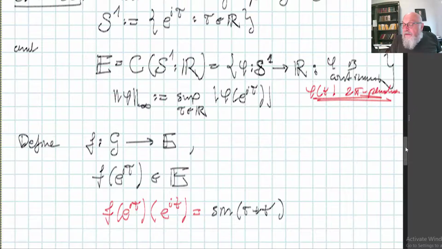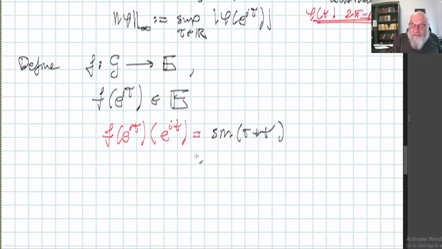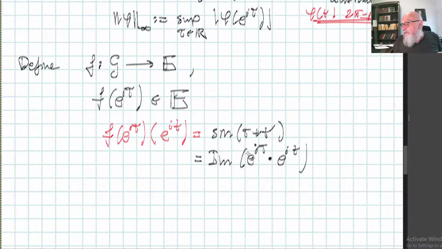Sine τ. Okay, but actually you can even write it down here. This one is equal to the imaginary part of e^{iτ} times e^{it}. This is an imaginary part. So how am I going to compute this integral? Take a partition.